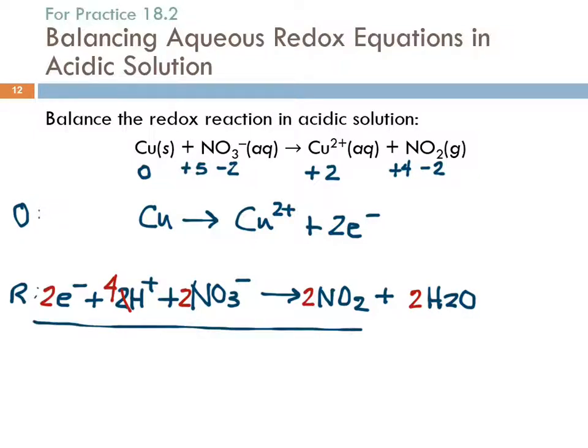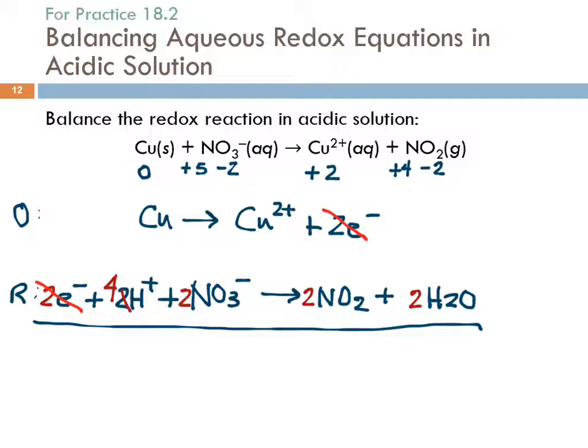And then I'm going to add them together. So I have 2 electrons here and 2 electrons there. Those are going to go away. Bye-bye. Anybody else going to cancel out?